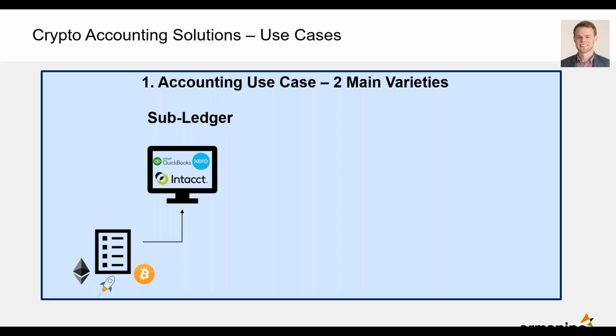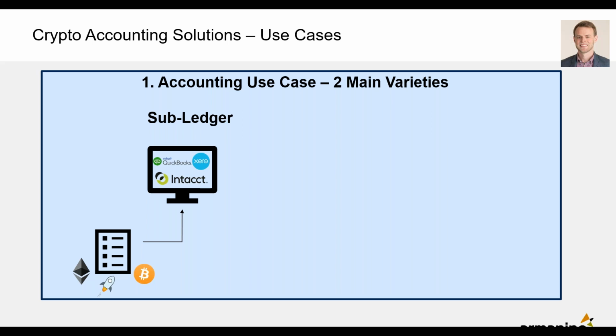The crypto-specific accounting solution would plug in, usually through downloading and uploading, but it's a fairly smooth process. And a bunch of these are working on direct integrations. But the idea is that you plug the crypto accounting solution into the rest of your ERP and your accounting environment.